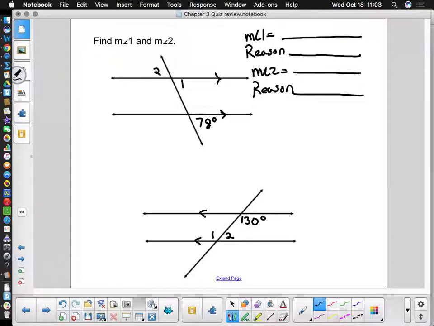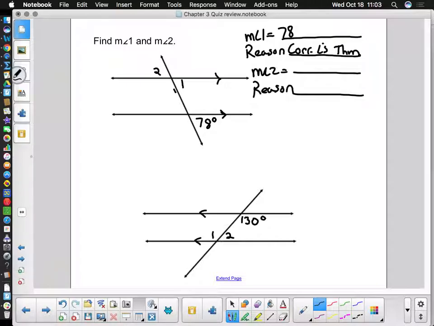And again, it's always the angle pair it makes with the given angle, not with angle 1 and angle 2, with the angle that is given. So with the 78, angle 1 is going to be what measure? 78, and corresponding angles theorem.